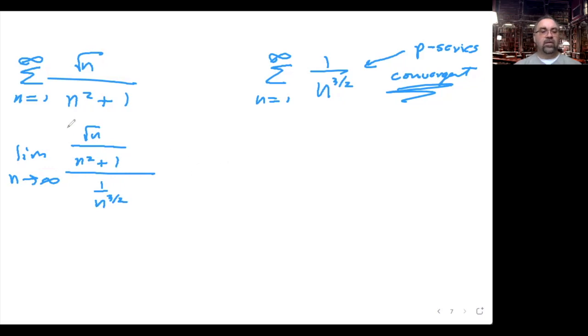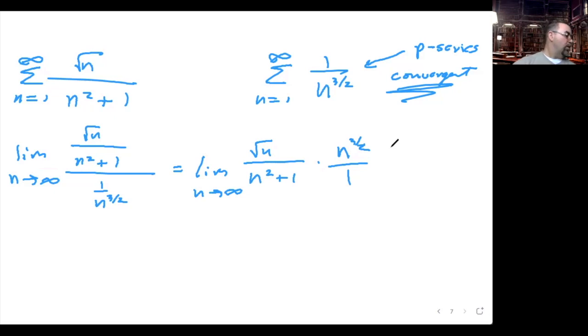Dividing by a fraction means multiplying by a reciprocal, and notice we'd get n squared over n squared plus 1.